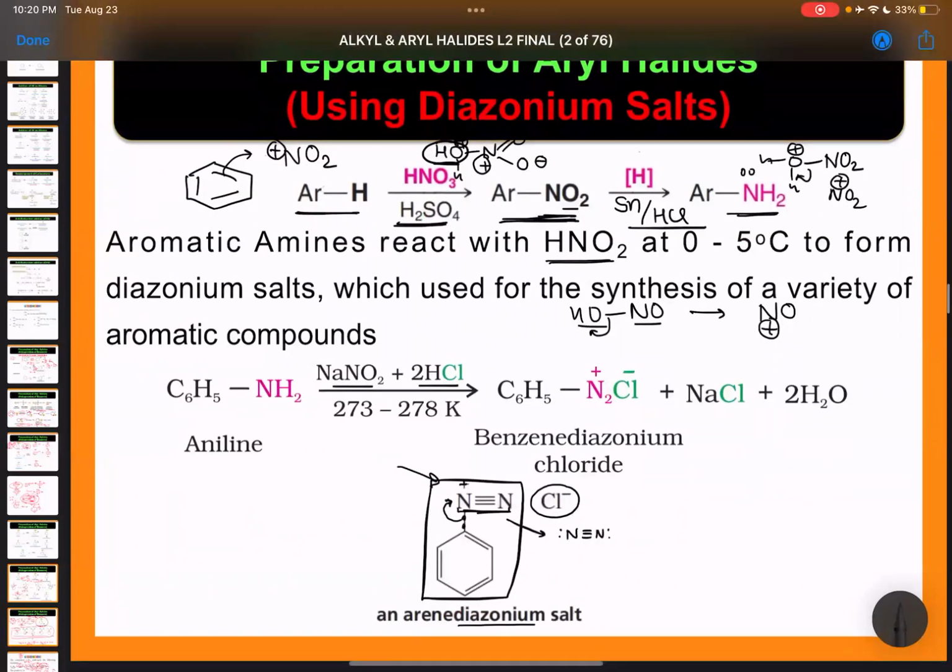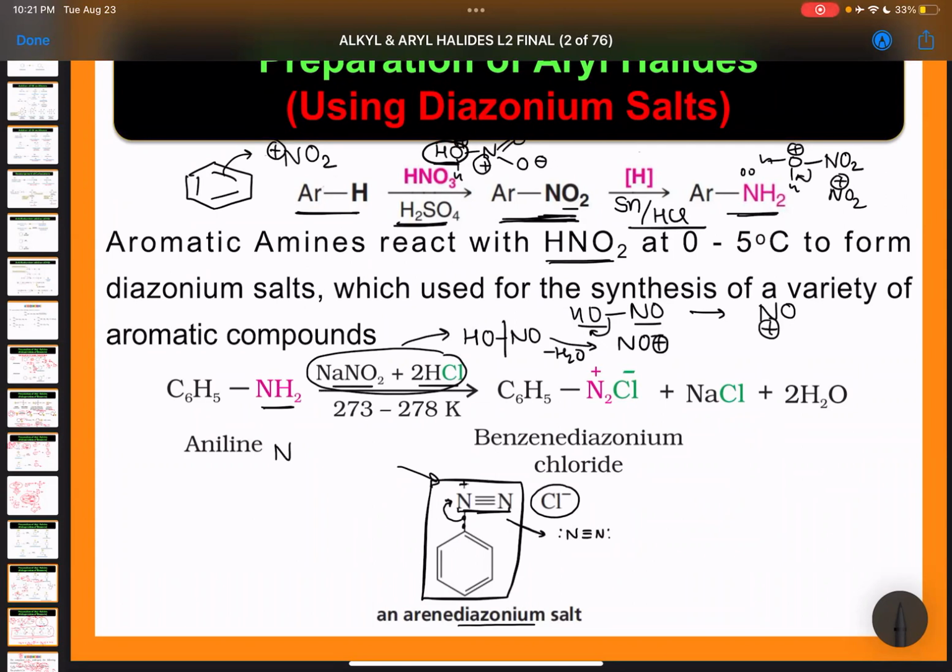So you already had aniline from the above reaction, and you took this NaNO2 plus HCl, which will give nitrous acid, and from the nitrous acid the water will be removed, and you will have NO plus left.